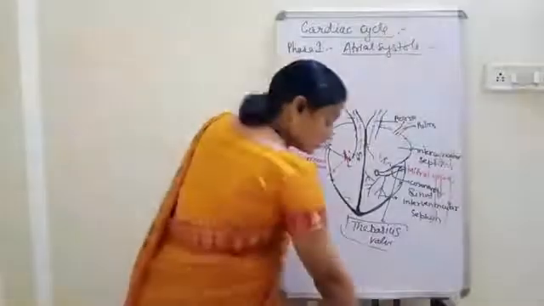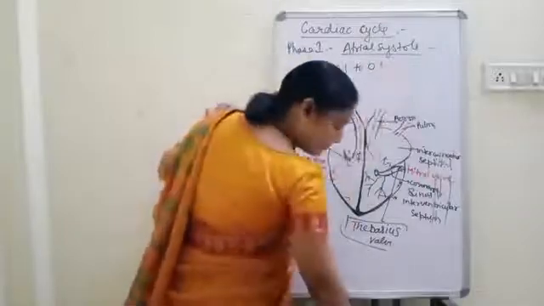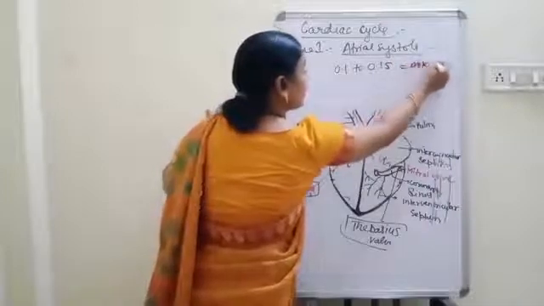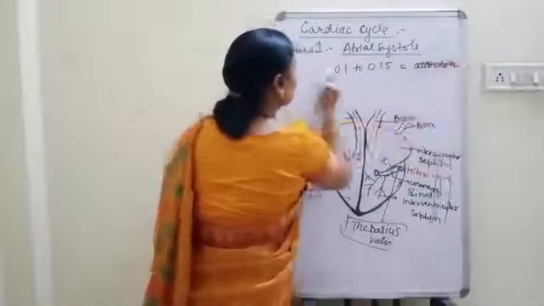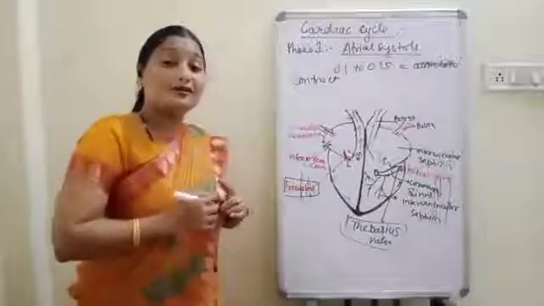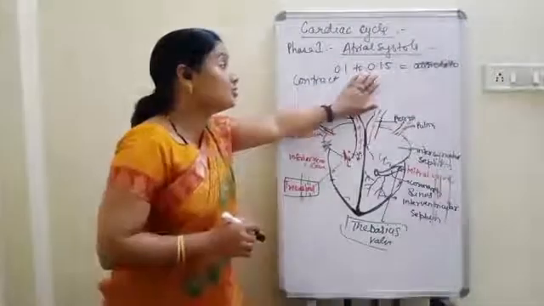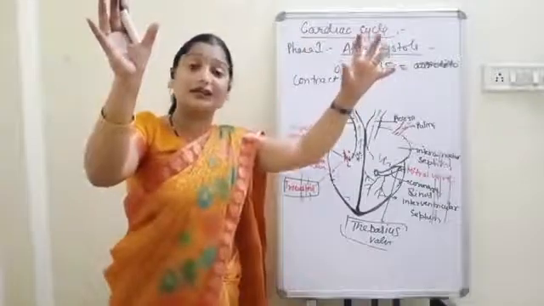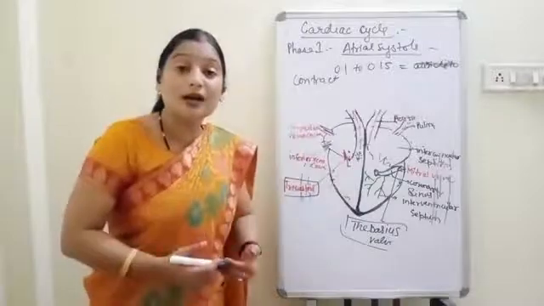And atrial systole takes 0.1 to 0.15 seconds for the auricle to contract. Understood? So this is your phase 1, called the atrial systole. Within 0.1 to 0.15 second, our auricles contract. Both sides of the auricle, left and right, will contract. Okay. When they contract, the blood will move to the ventricle.